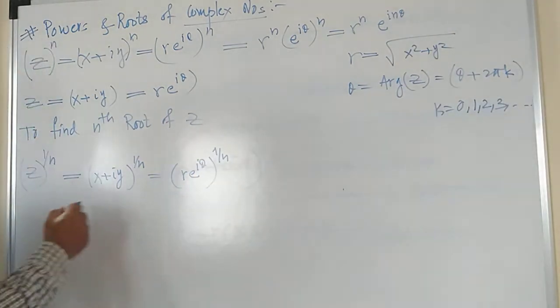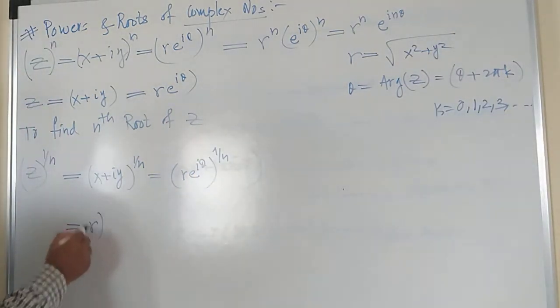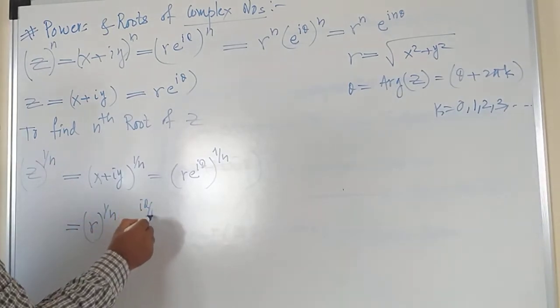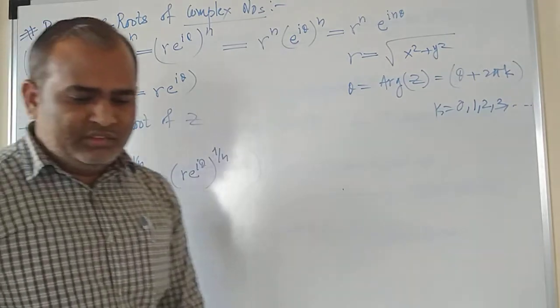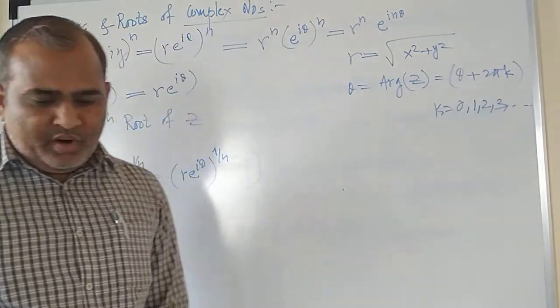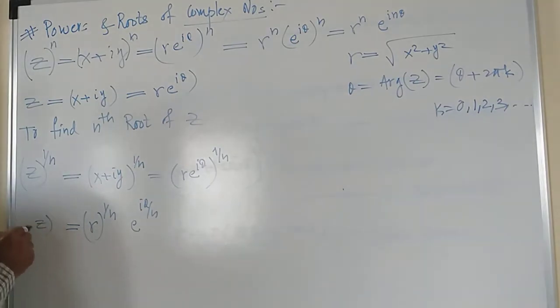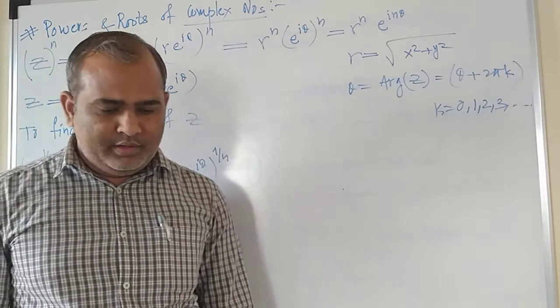Isn't it? Now this will give you r raised to power 1 by n into e raised to power i theta by n. This is a simpler case. Got it? So you need to do this in order to calculate the nth root of the given complex number.